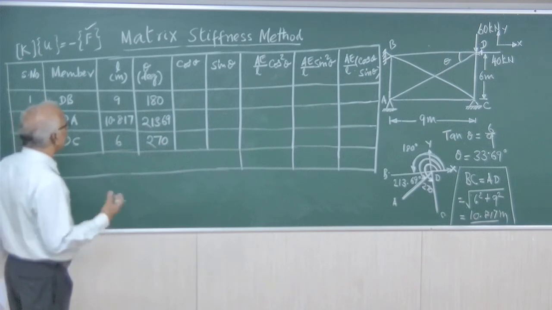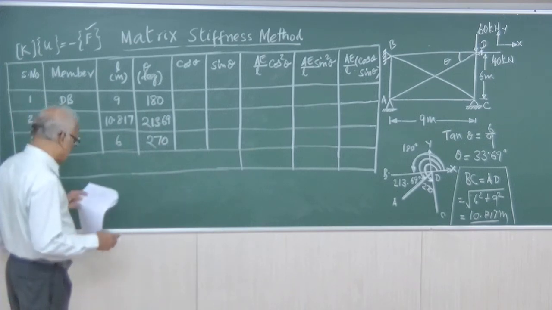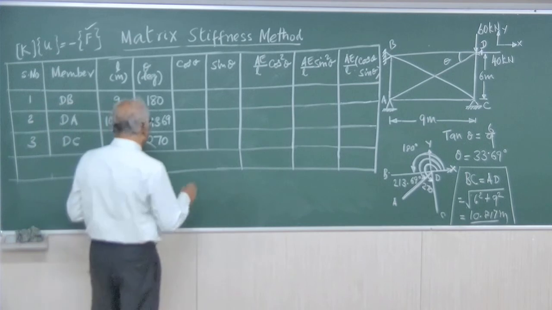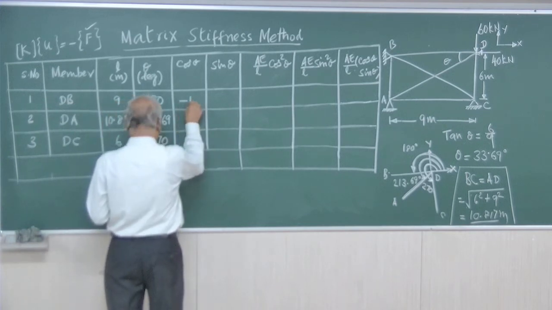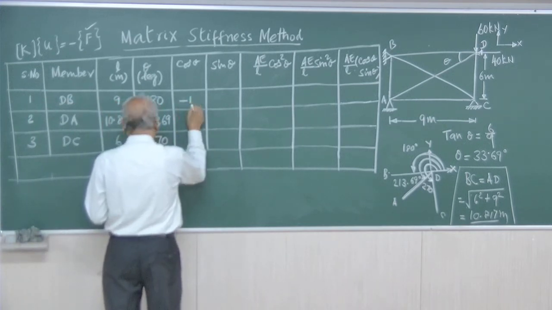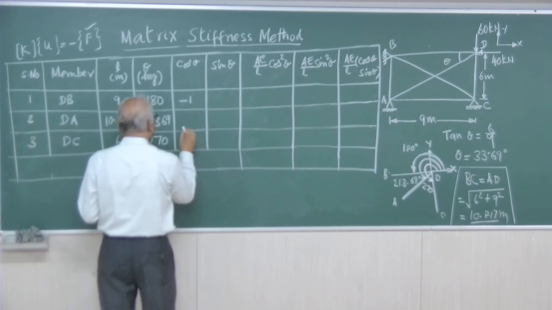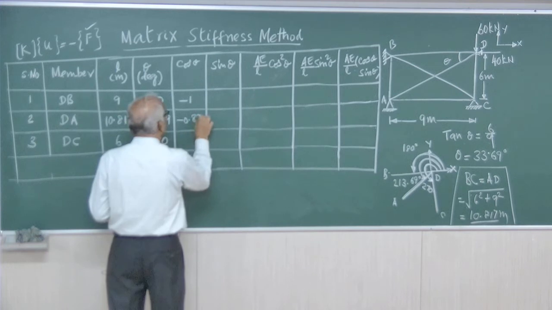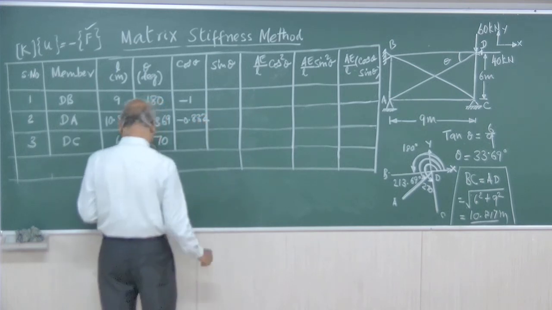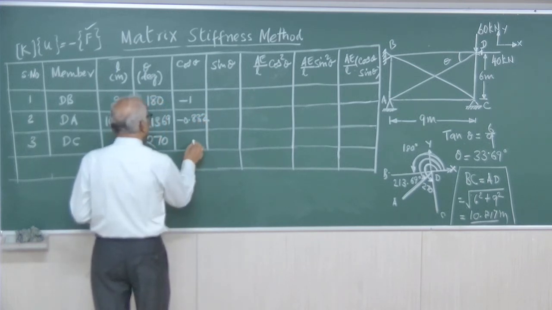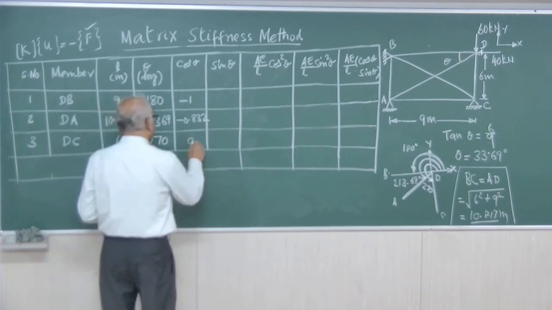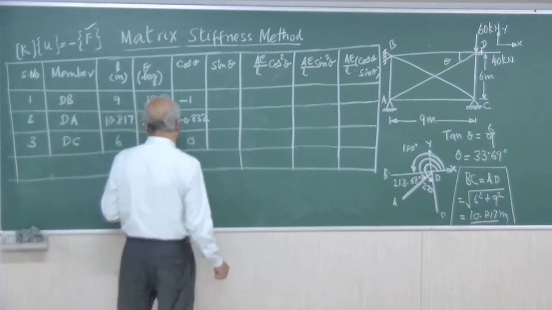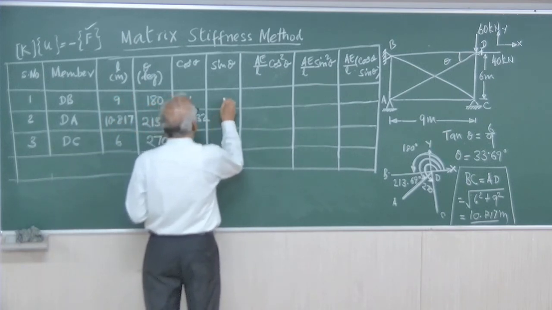So hereafter only calculations. Cos 180 is minus 1. Cos 213.69 is minus 0.832, and cos 270 is 0. And sin 180 is 0.